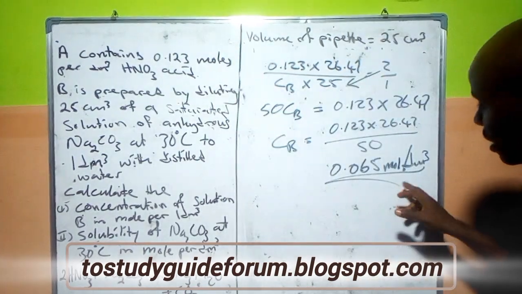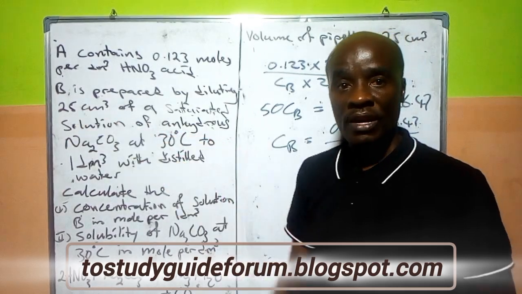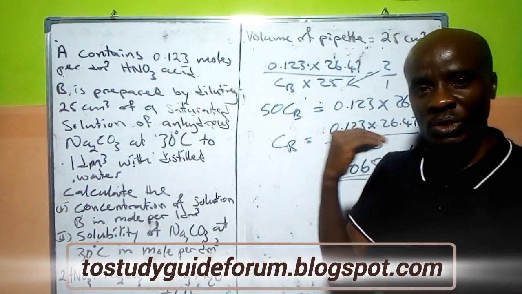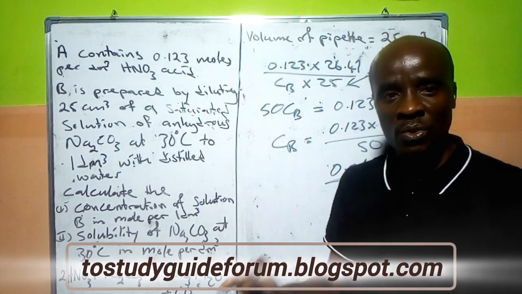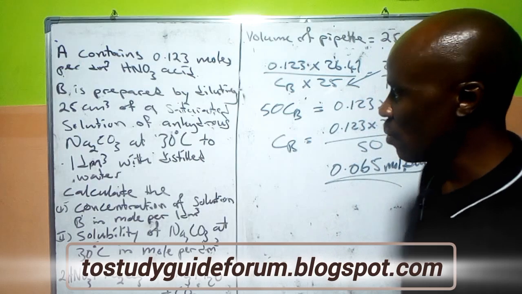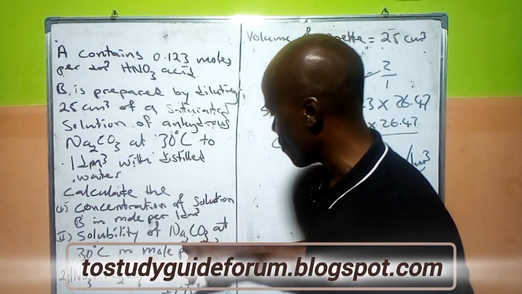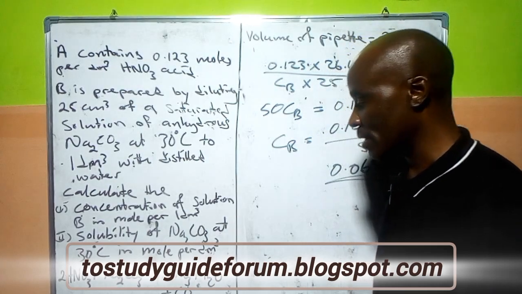This amount we have here stands for what saturated the 25 cm cube. Now remember, in solubility, we look at what saturates 1 dm cube, in gram per dm cube or mole per dm cube. So for this reason we are using this information. The second question says solubility of sodium trioxocarbonate at 30 degrees Celsius in mole per dm cube.